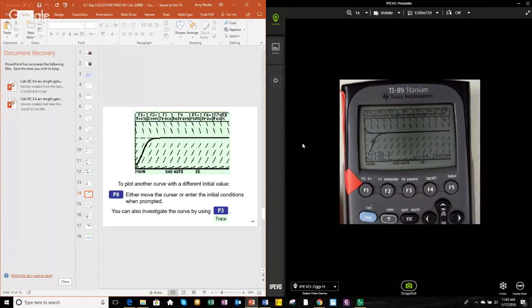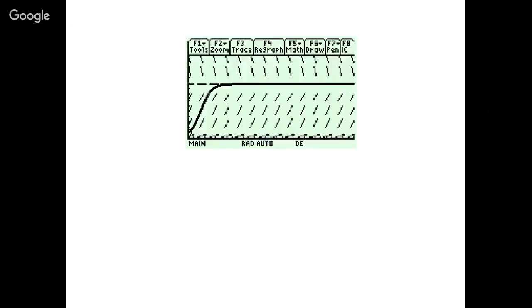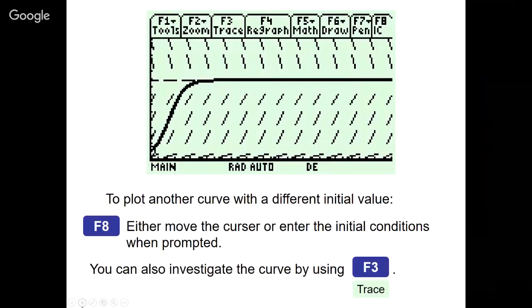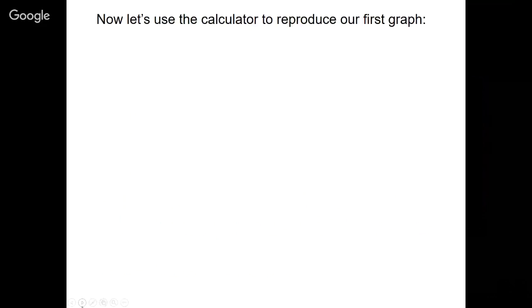All right, going back to the PowerPoint, let's see what we got. We already did all that. All right, so let's go back to our original calculation. Okay, so what do we have to do?